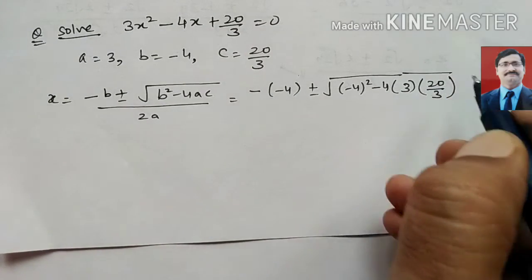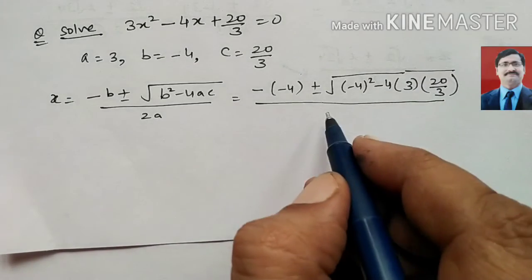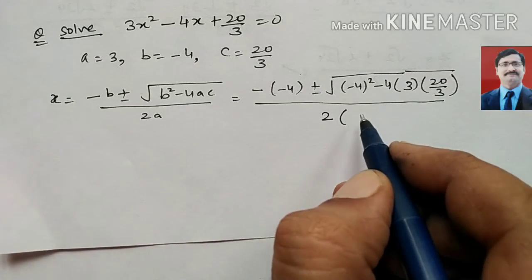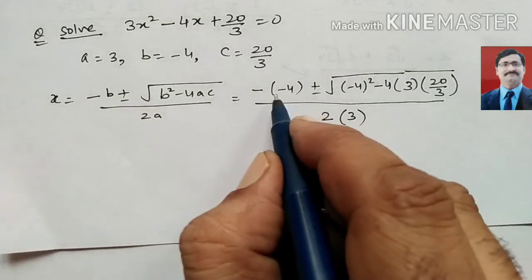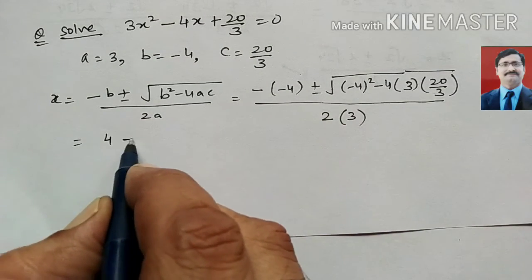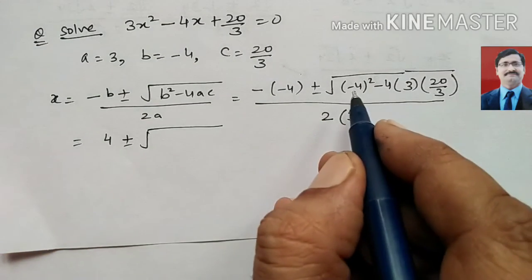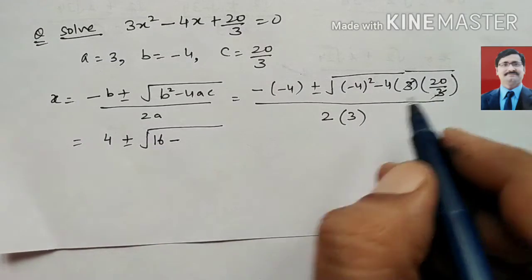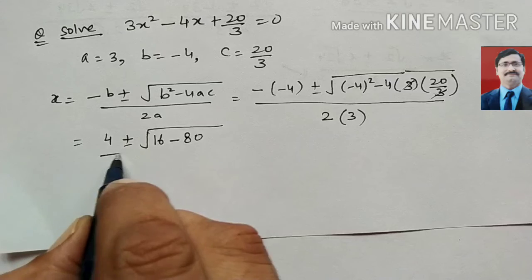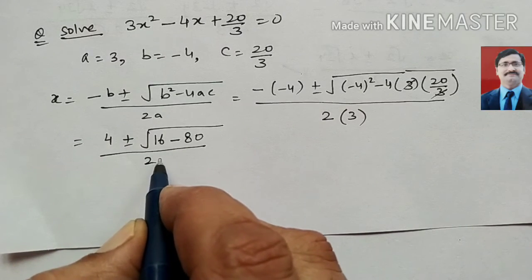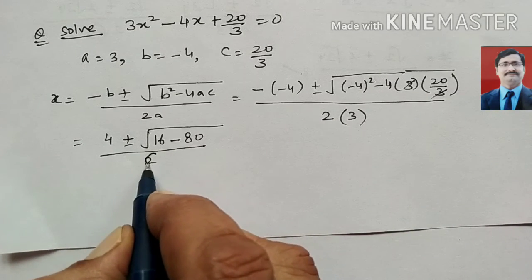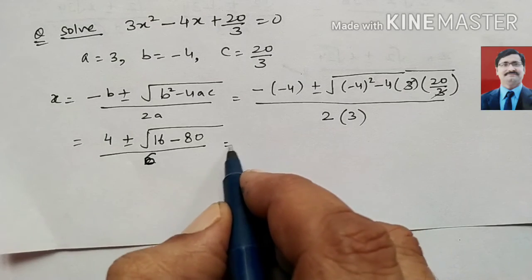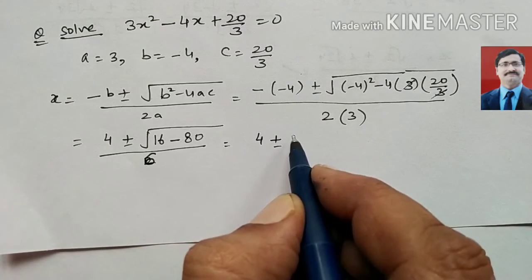All of you understand this? Whole upon 2a. 2a is here 6. So this minus minus you get here plus 4 and root, this is 4 square is 16 minus, look at this, 3 3 you can cancel, 4 into 20 is 80, you have, whole upon 2a is here 6.